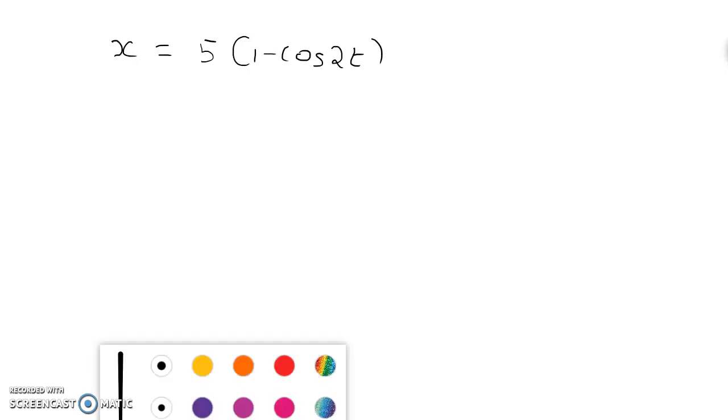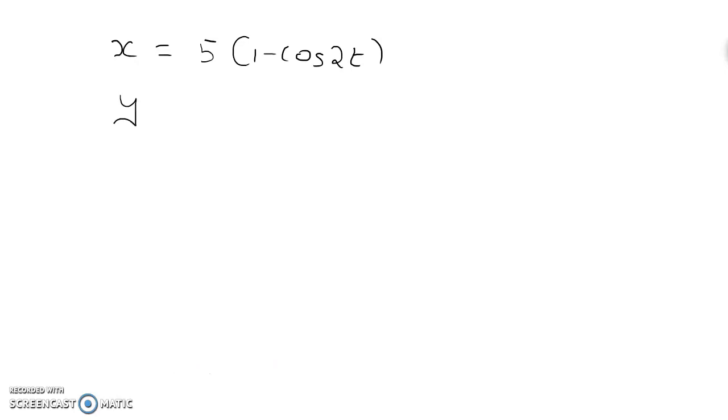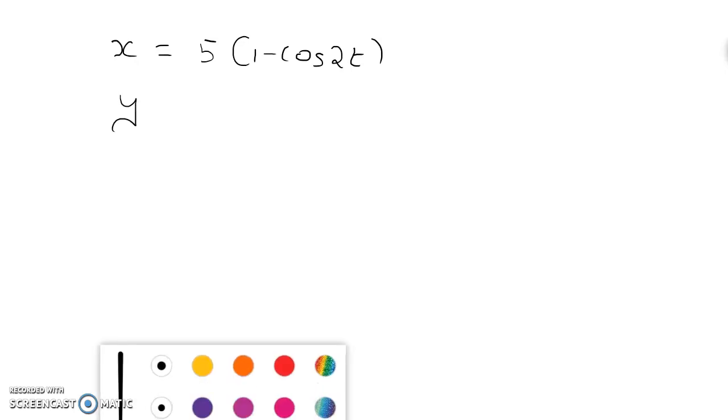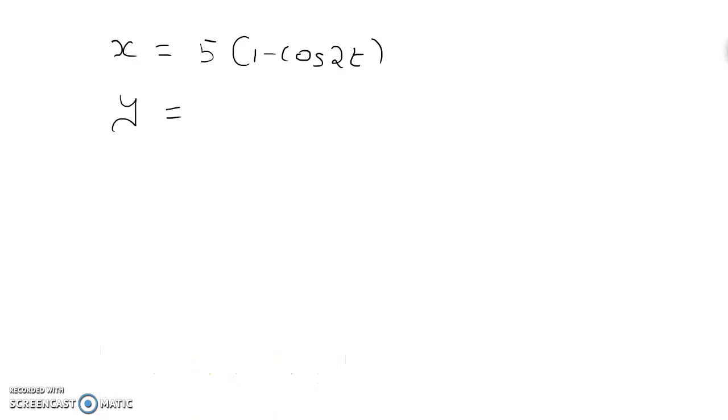So it was x equals 5(1 minus cos 2t), and y was 5 sin 2t.